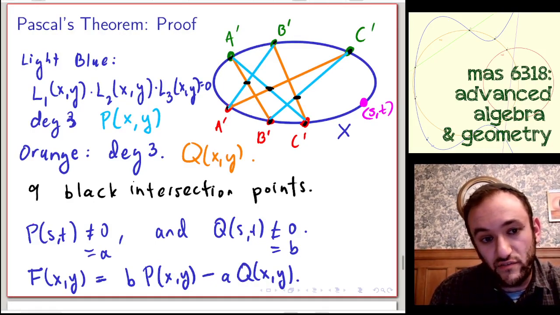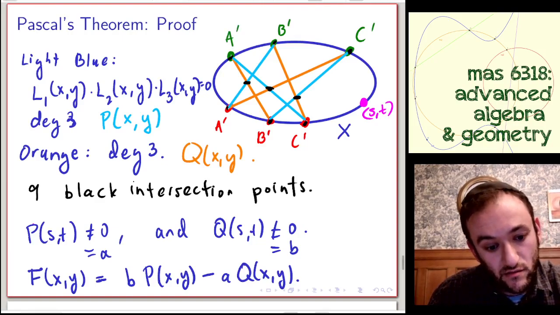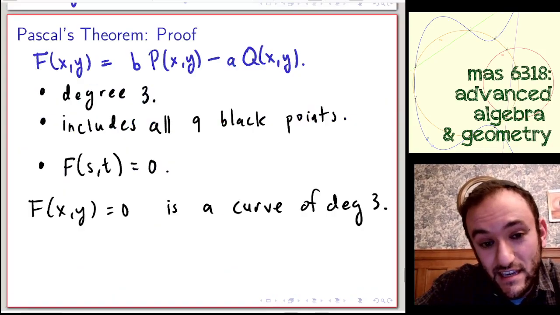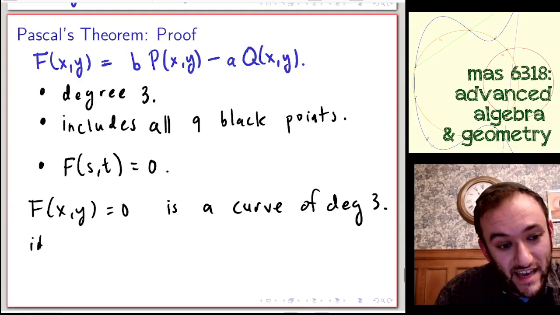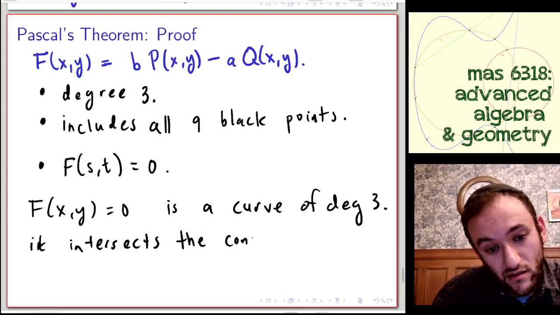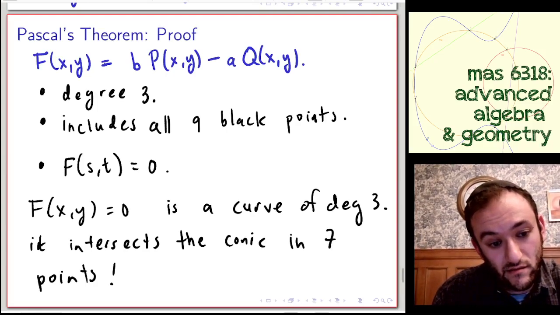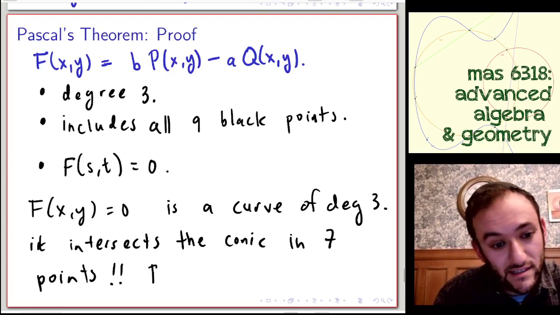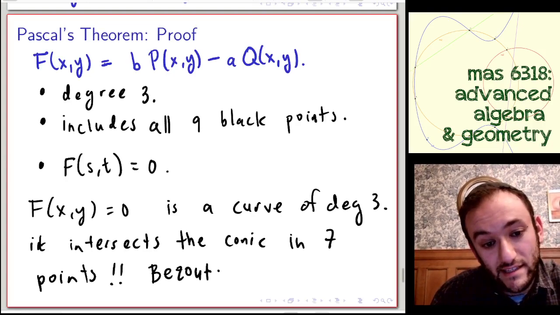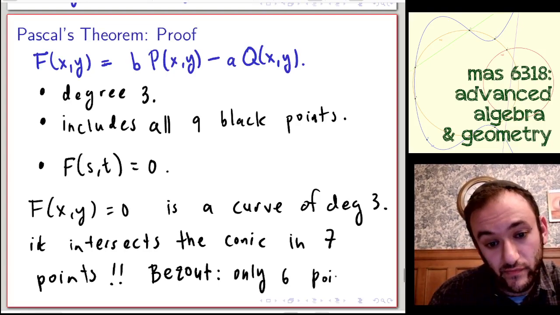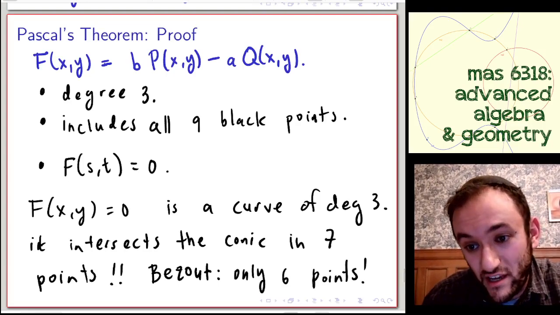Oh, shoot, it should be A, B, and C. It should have all of A, B, C, and A prime, B prime, C prime, but it also has ST. So it intersects the conic in 7 points. But what does Bézout tell us? It says that you have to multiply the degrees together. There should be only 6 points. So there's a contradiction here.